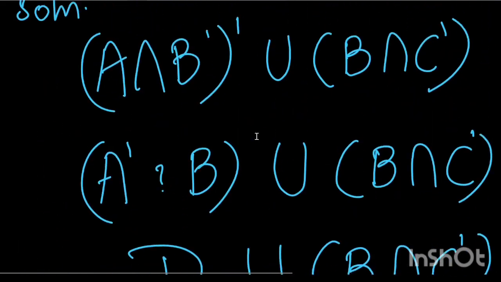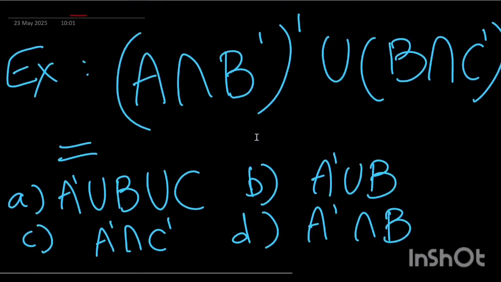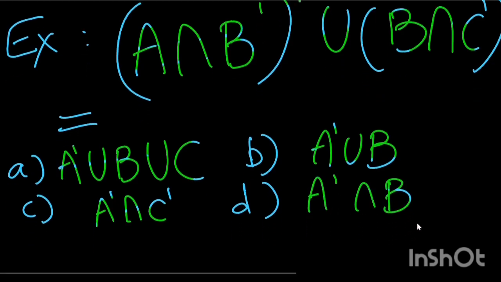Now guys, let's try this sum: (A intersection B')' union (B intersection C') is equal to what? We have to choose one out of these four options: A' union B union C, A' union B, A' intersection C', A' intersection B. So how will we proceed with this, guys?